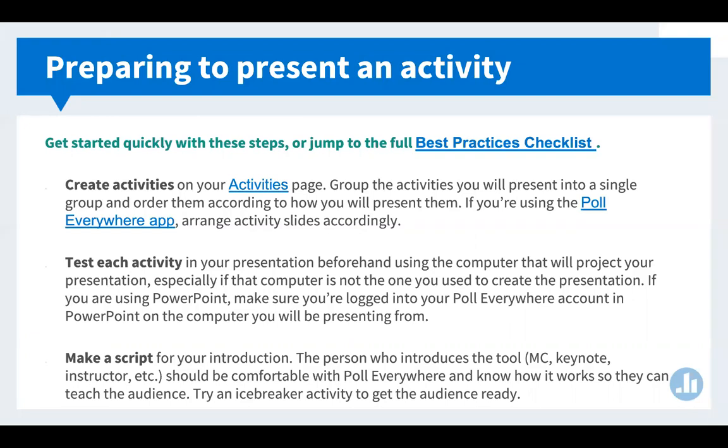Poll Everywhere has a best practices checklist. In the activities page, there are resources available through that. And then they also let you know that they do have the Poll Everywhere app so that you can arrange your activities and slides. And I'm going to show you how all that works, as well as testing each of your activities before you get it out to your students.